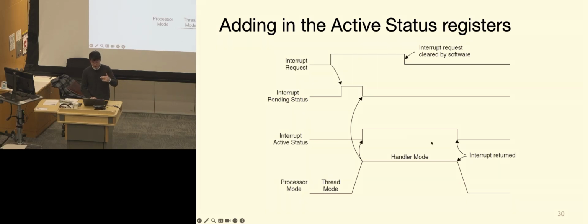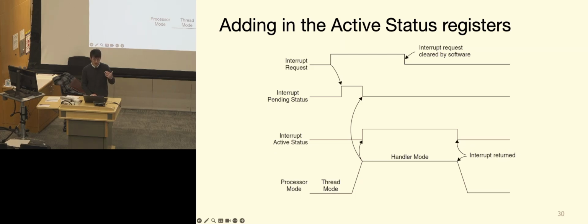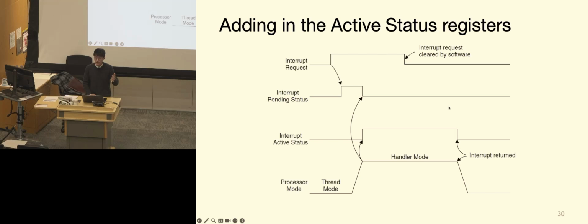And then after that, it's pretty much what you expected. Whenever it's finished, the active state of that interrupt goes down, and then your program or the core exits from the handler mode back to the thread mode. But however these parts are cleared, it could be either software or hardware.